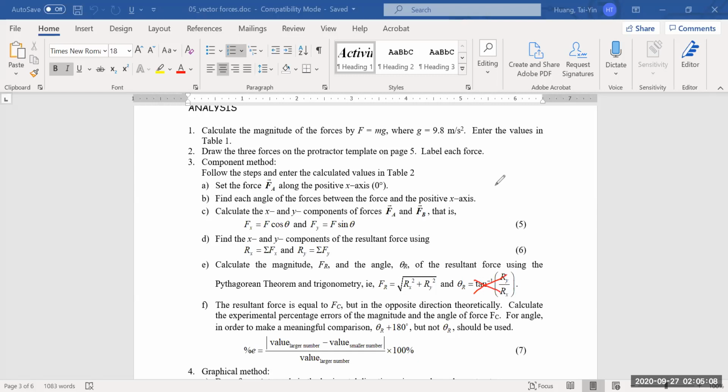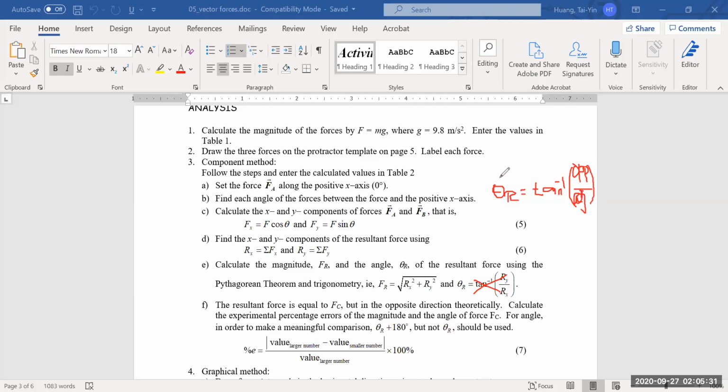What you can do is this, which is always true, just like what you learned in class: to find the angle, it will be the inverse tangent of the opposite over the adjacent. That is always true, regardless of which quadrant the vector is in.